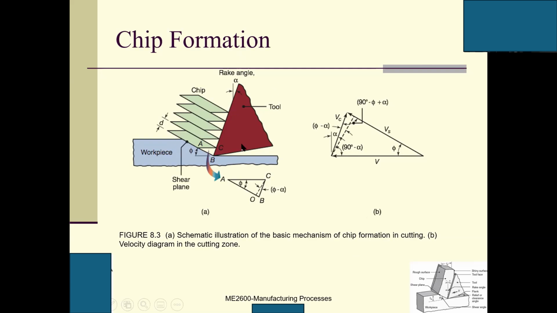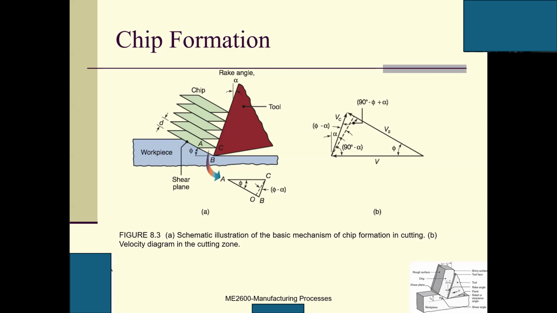So this is a chip formation, and we have a shear angle here. Luckily, we have this triangle, and this triangle can be solved using the trigonometry knowledge we have learned. That is called sine theorem, right? Sine theorem means that the magnitude of this side divided by sine of this corresponding angle equals the magnitude of this one divided by sine of its corresponding angle, and so on for this one divided by sine of this one.